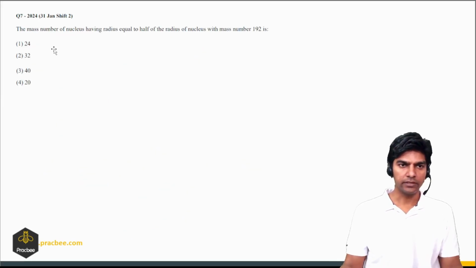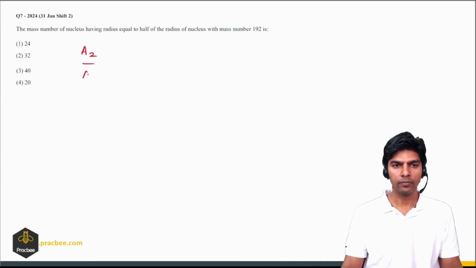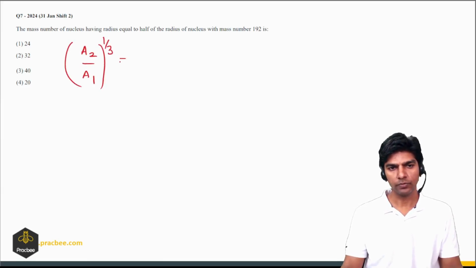Right, so let us see another illustration. Find the mass number of a nucleus having radius equal to half of the radius of the nucleus with mass number 192. Again we can use the same formula. We can say (A2 by A1) raised to power 1 by 3 should be equal to R2 by R1.